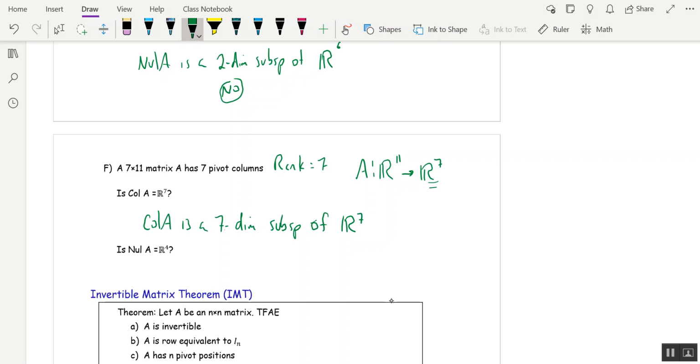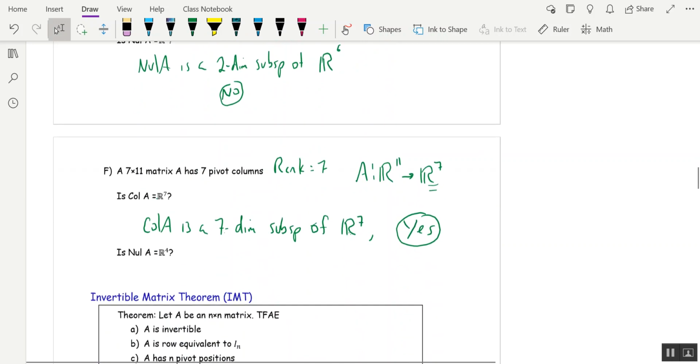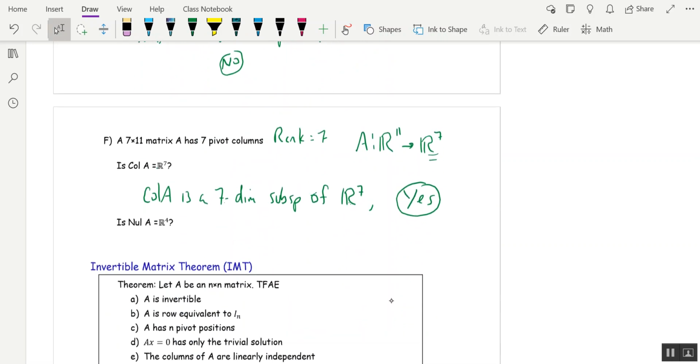The only 7-dimensional subspace of R7 is R7 itself. So the answer is yes. So there's when you can answer yes. If you have an n-dimensional subspace of Rn, then that space is Rn. If you have a 2-dimensional subspace of R3, then it's not R2. So these were no, and these will be, well, I don't know about this one. If it's yes or no, we'll find out.